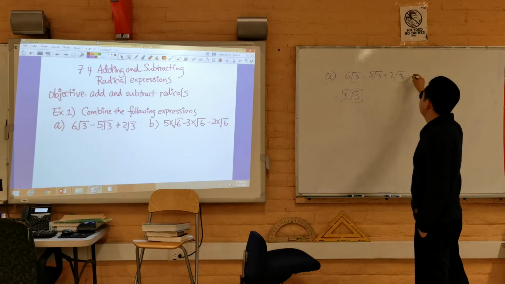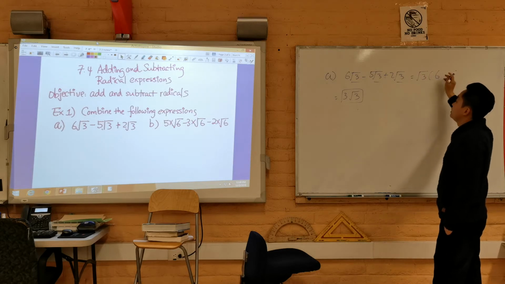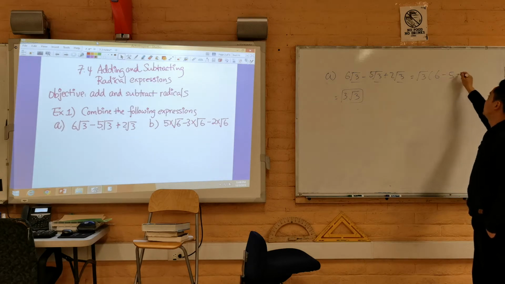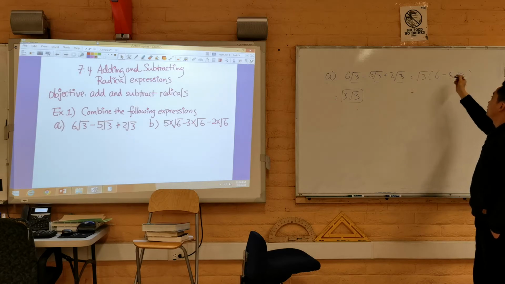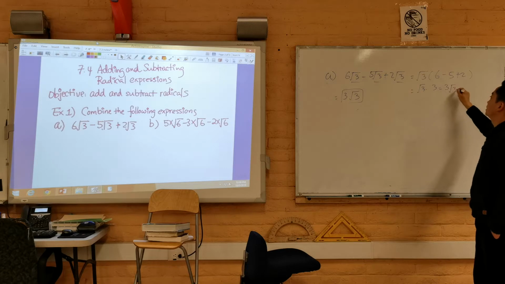The way you can do this is to take out the greatest common factor, which is root 3, and then add or subtract the remaining numbers. 6 minus 5 is 1, plus 2 is 3. Root 3 times 3 is the same as 3 root 3.